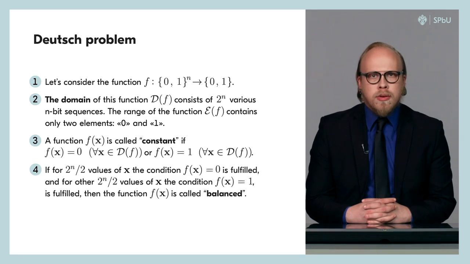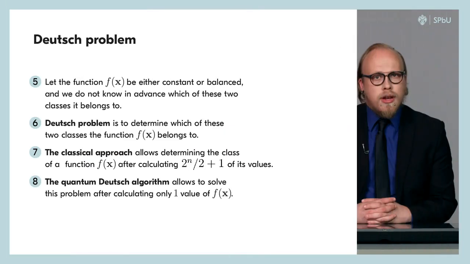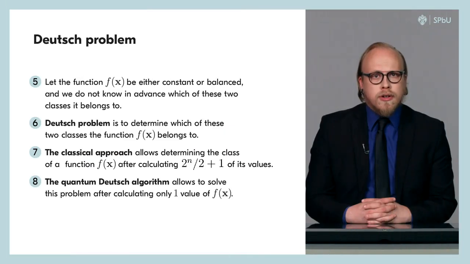The Deutsch problem is to determine whether the function f is constant or balanced. Since we are dealing with a 1-bit function defined on a 1-bit definition domain, this problem can be reduced to calculating the sum of f of 0 and f of 1 modulo 2. It is easy to show.